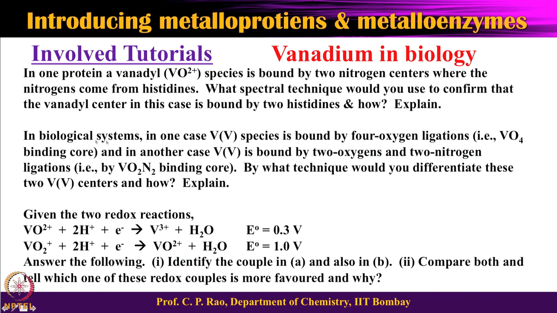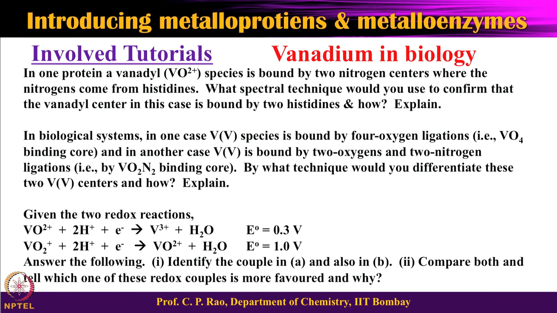And the other equation given is VO2 plus 2H plus electron giving VO2 plus 2H2O, which has 1 volt. So, identify the couple in A, also in B, compare both and tell which one of these redox couples is more favored and why. So, for this what you need to look at?